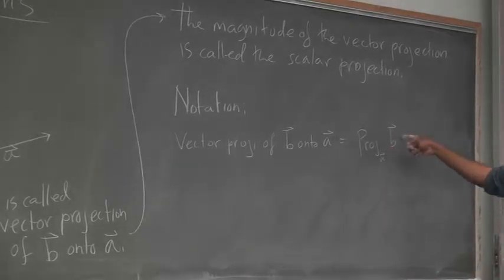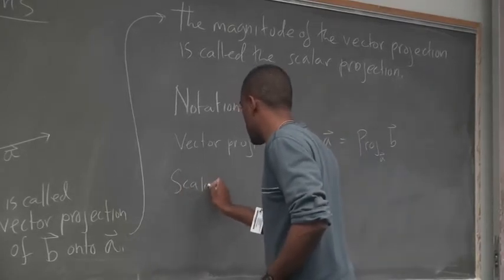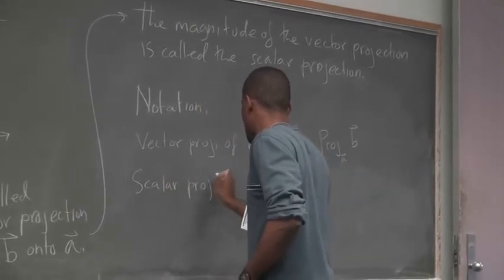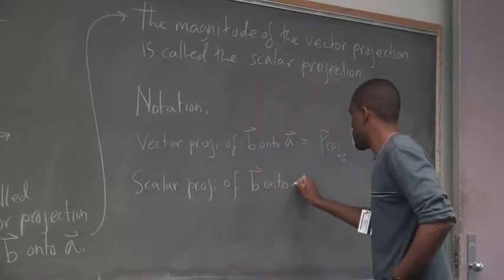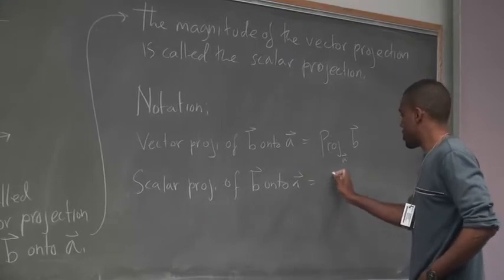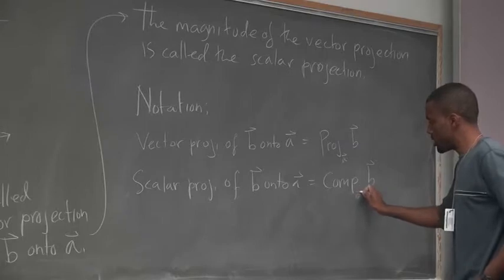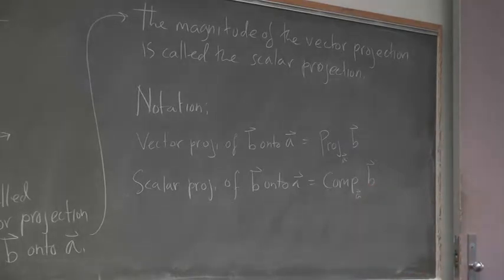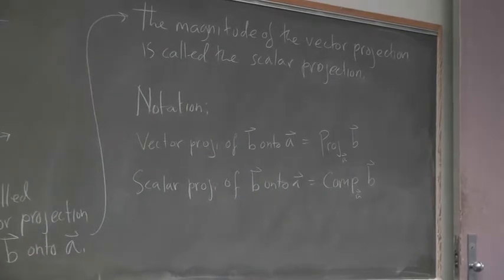This is the vector projection of B on top of A. And the scalar projection of B onto A is called the component of B onto A, and it's abbreviated thusly. So that's the notation. If you see someone asking for this or that, they're talking about the vector projection, and this is talking about the scalar projection. And it turns out, armed with the dot product, we can find formulas for these guys.